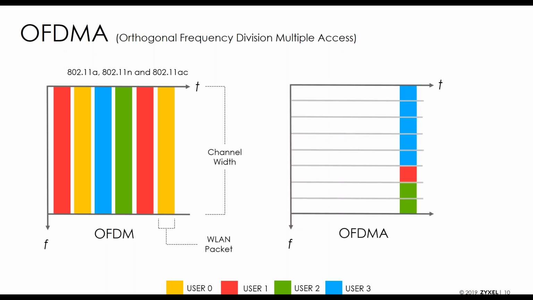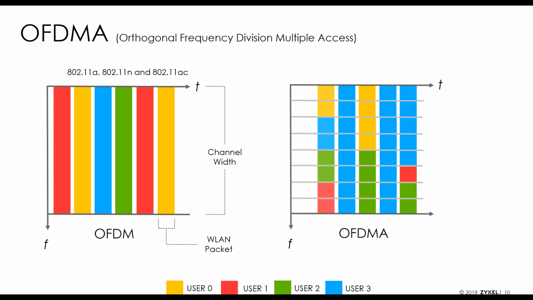And then what we have introduced is OFDMA. What OFDMA does is it allows you to break up the channels and to be able to serve multiple clients at the same time. As you can see, user 1 has got a slot which also goes into the next slot as well, but the next slot also is feeding user 2, user 3 and user 0, meaning that they don't have to wait as long to be able to get the information.